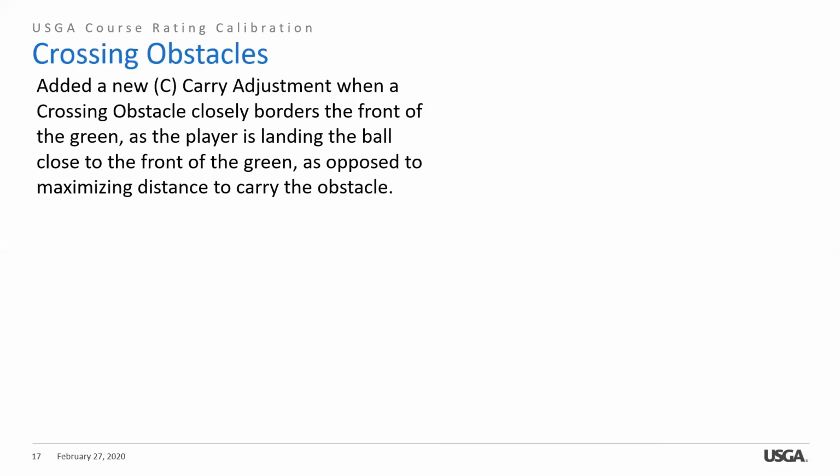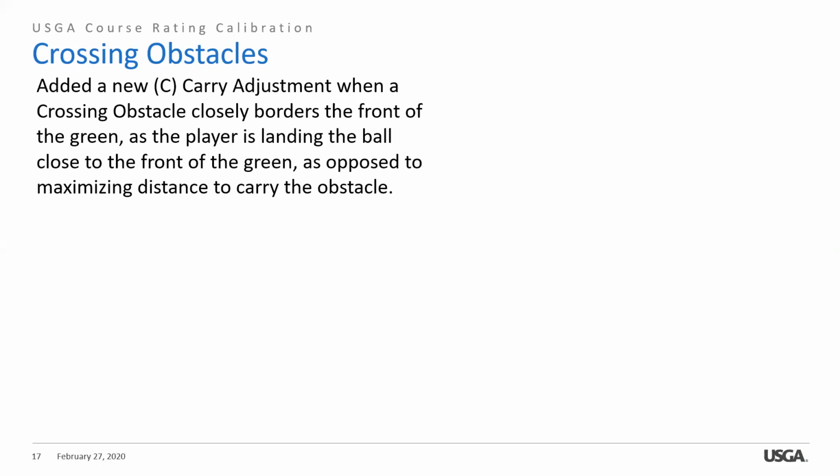All right, crossing obstacles. So this one is again now completely in the book. No more stickers, but we've added a new carry adjustment when a crossing obstacle closely borders the front of the green, as the player is landing the ball close to the front of the green on purpose, right? And they're not trying to maximize their distance or carry. So when I carry something that's 200 yards with my driver, I don't even think about it.